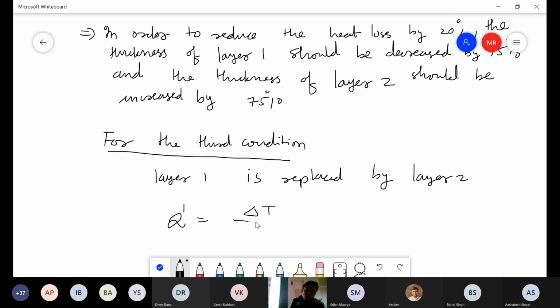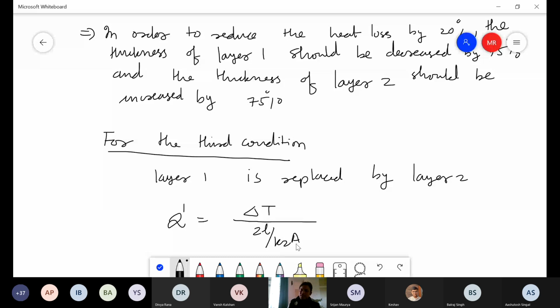So we can write down the equation as delta T remains same, and the resistance in this case is going to be 2L by K2A, isn't it? Because the entire layer 1 is now replaced by layer 2, so we will have only K2.